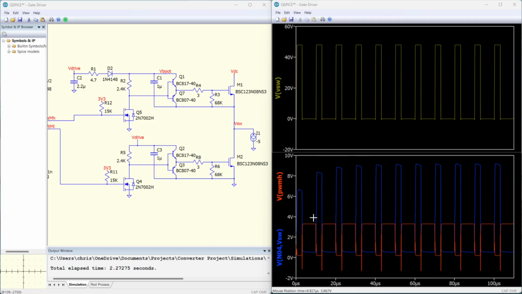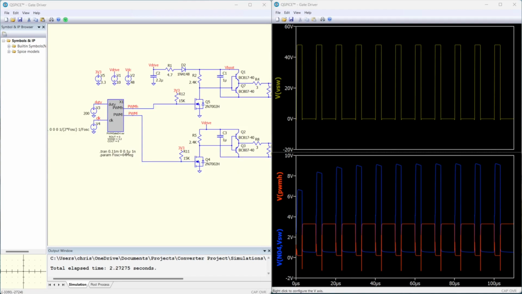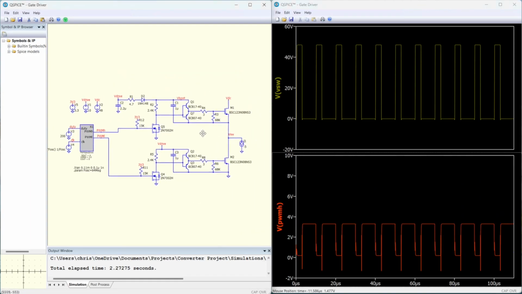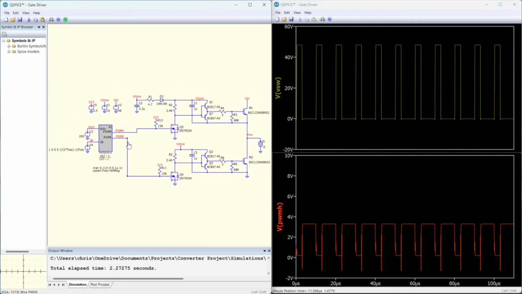Here in the simulation we can see the signal coming from the PWM generator, which is inverted, and the drive signal gate to source for the high-side MOSFET and the output voltage here. In this simulation, the half bridge is controlled with the C++ block modulating an STM32 microcontroller PWM. Check out my last video to see how this is done.